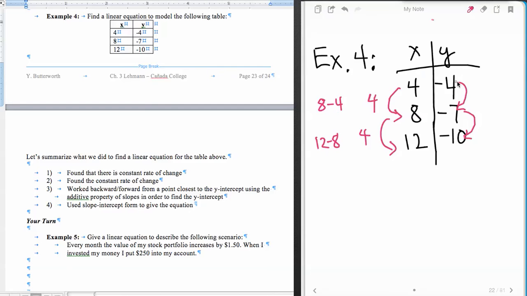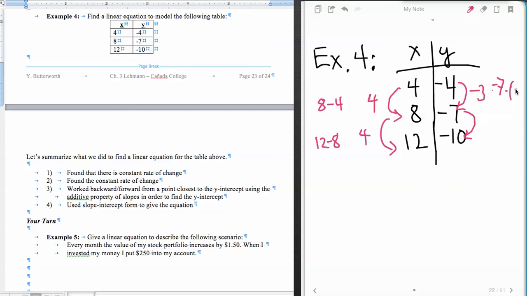And then over here, let's do the same thing for the y's. Negative 4 down to negative 7, that's actually decreasing by 3. Again, if you need to do that with numbers and math, it's the second one minus the first one: negative 7 minus negative 4.